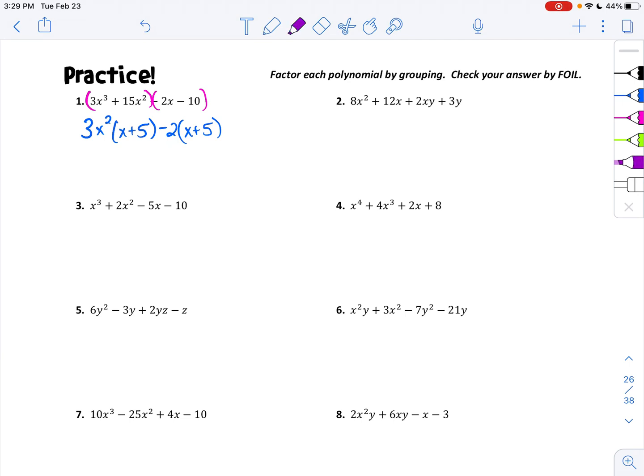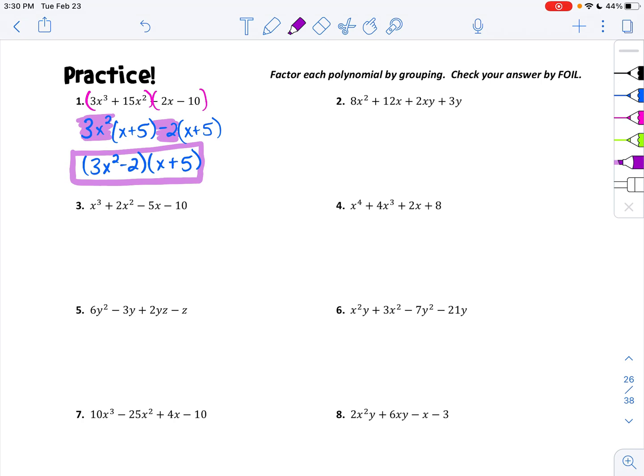So the 2 greatest common factors become one binomial in my answer. So 3x squared minus 2. And the other factor is x plus 5 for my final answer. And again, you can FOIL it to check your answer.